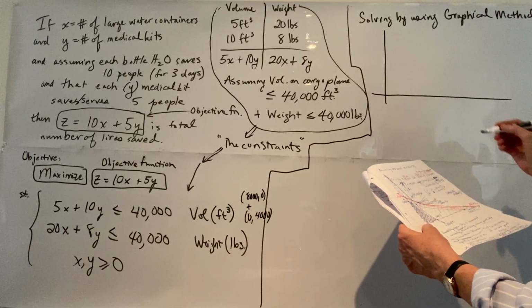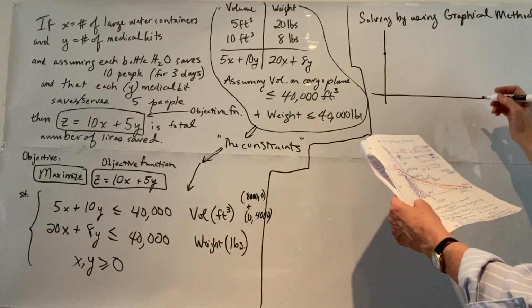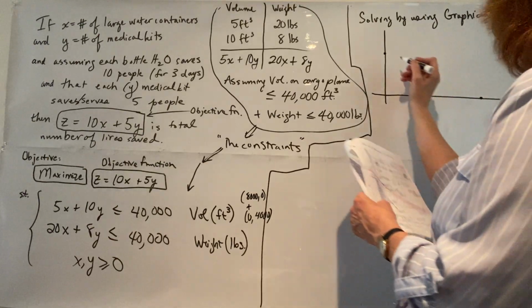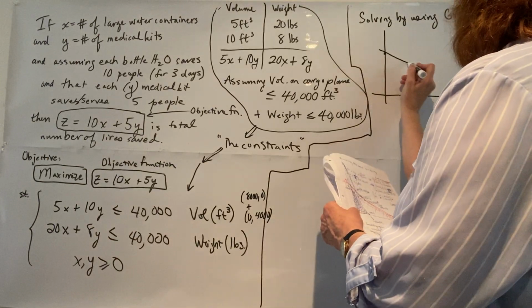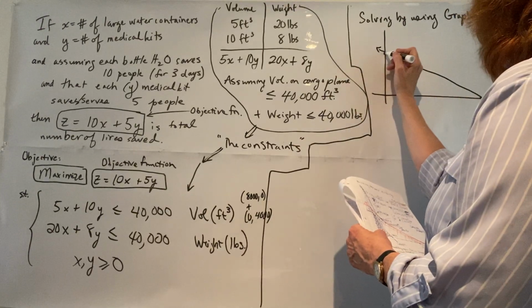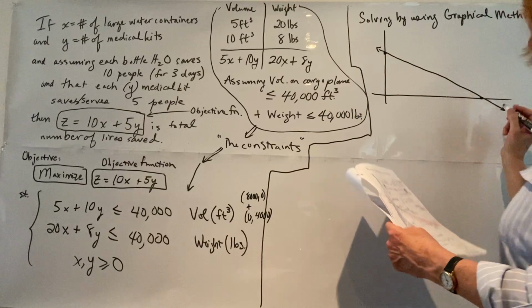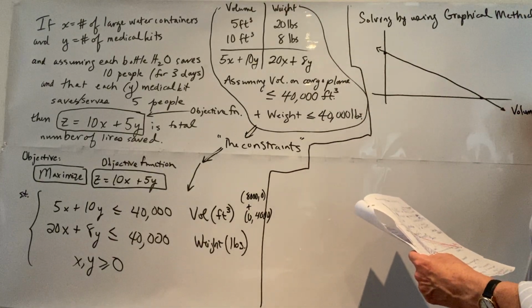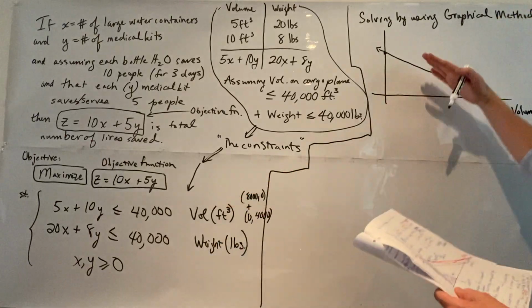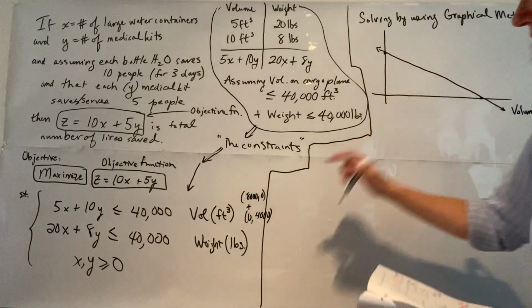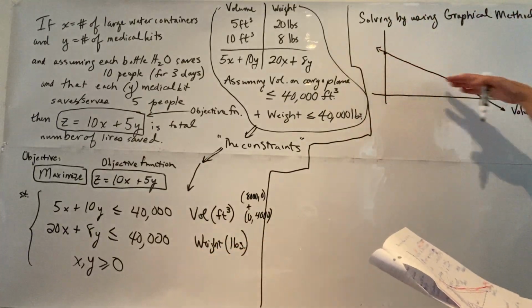So that gives us something like this. And this is about the volume. Of course, that's a less than or equal to, so that tells us give me everything below this line. But these two constraints tell me give me everything in the first quadrant.